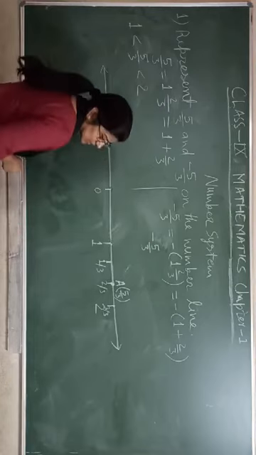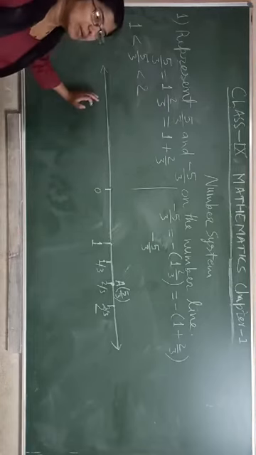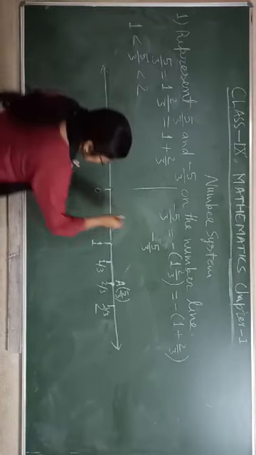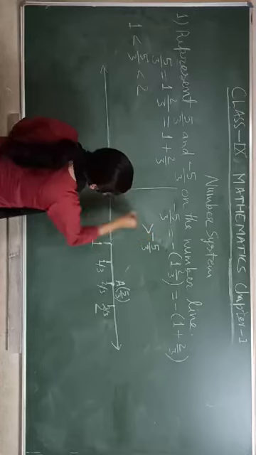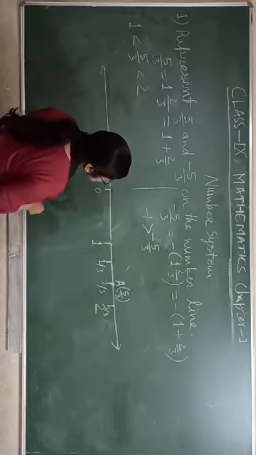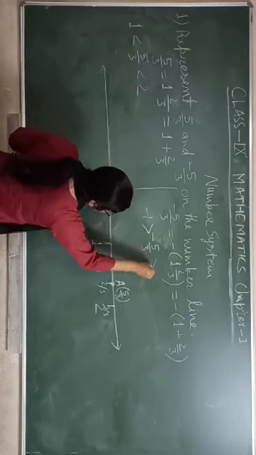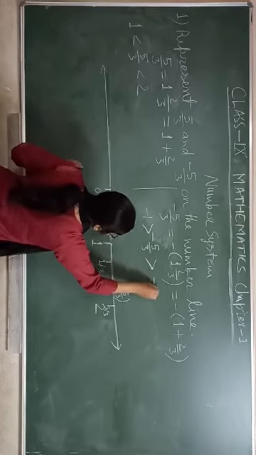You know that in negative numbers, as the number increases, its value decreases. So it will be smaller than minus 1, okay, but greater than minus 2.